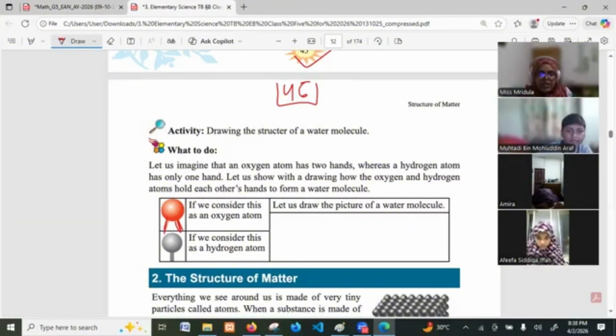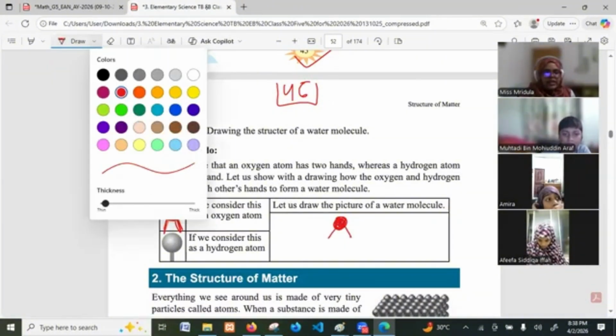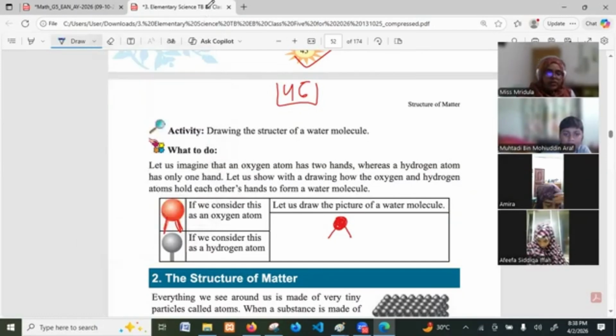Let us imagine that an oxygen has 2 hands, whereas a hydrogen atom has only 1 hand. Let us show with a drawing how the oxygen and hydrogen atoms hold each other's hand to form a water molecule. As they have given the picture, the oxygen will have 2 hands and the hydrogen atoms will have only 1 hand.